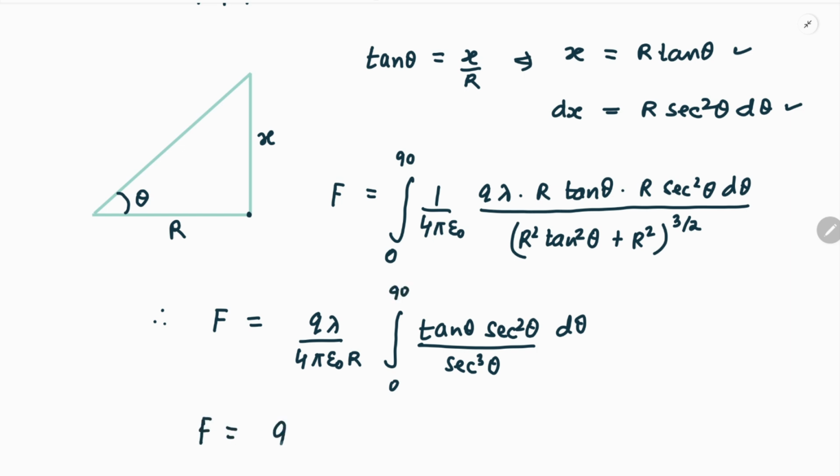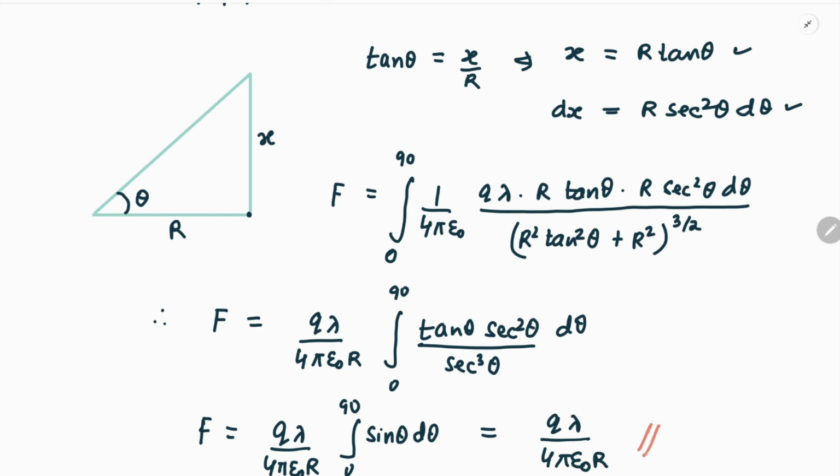Then we get q lambda upon 4 pi epsilon naught r times the integral of sin theta d theta from 0 to 90 degrees, and hence on solving we obtain q lambda upon 4 pi epsilon naught r. So this is the final answer for this particular problem which we have discussed.